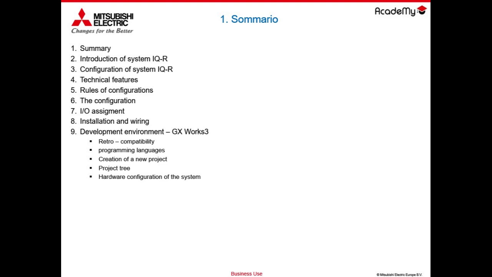So if it is important to take into account the main configuration rules, it is also important to know that there is a tool that we can rely on to define your own hardware configuration without having errors.